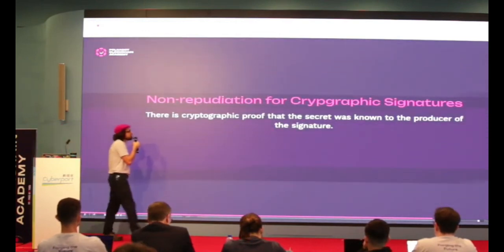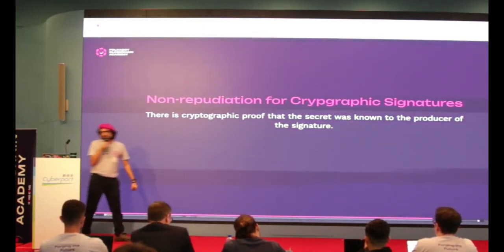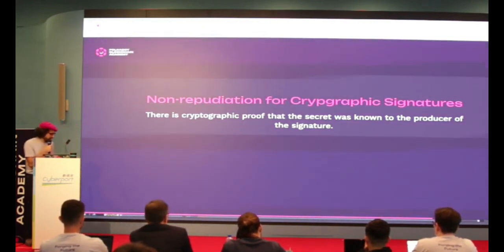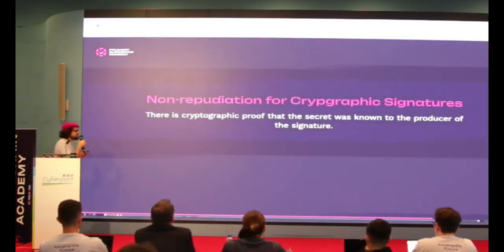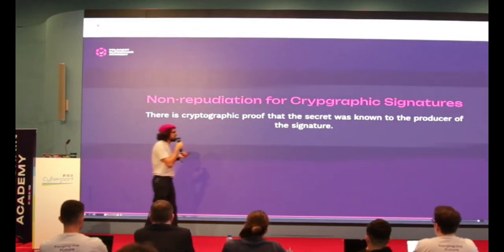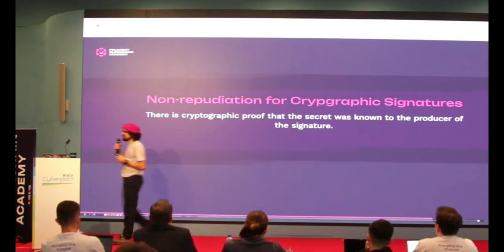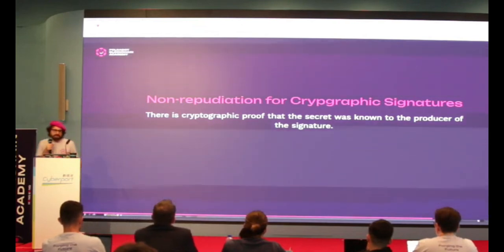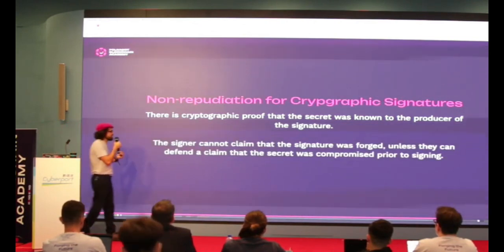So here also we get non-repudiation, right? Because the signature says only the person who had the secret was able to produce the signature, and for that I don't need to give the secret to anybody else. With the public key alone, the public information, you can verify that I actually generated this signature, and it should have been the person who had the secret.